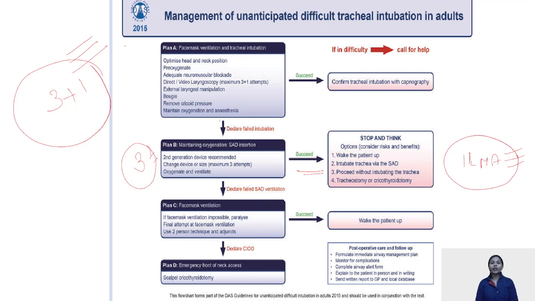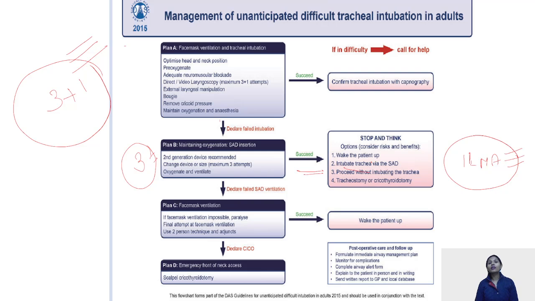Either intubate the trachea. Done. Or lastly, if it is a very urgent, emergency surgery that has to be done but cannot be done with a supraglottic airway device, you are oxygenated and you have confirmed that the patient is getting ventilated, so you can buy time and do your tracheostomy. That is, your surgical intervention can be done.